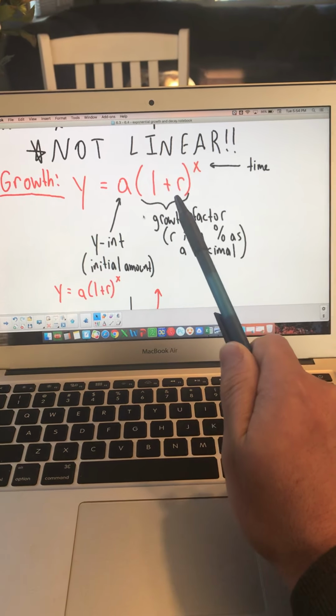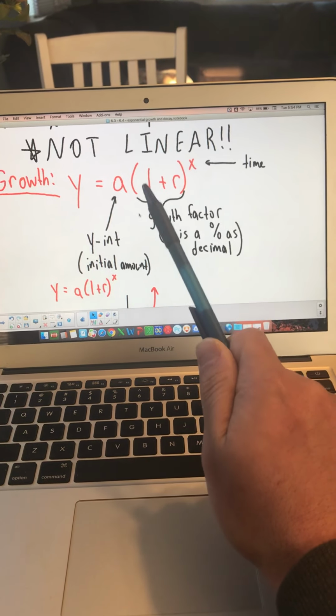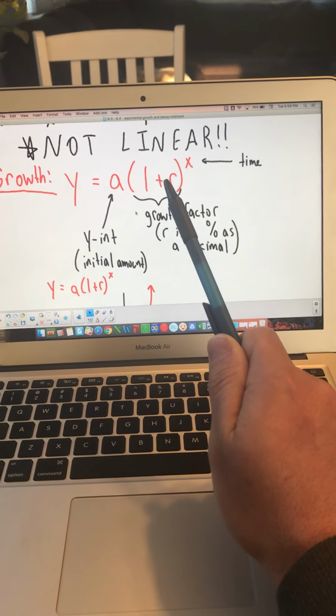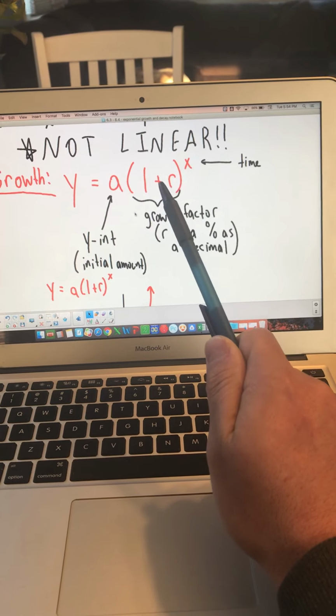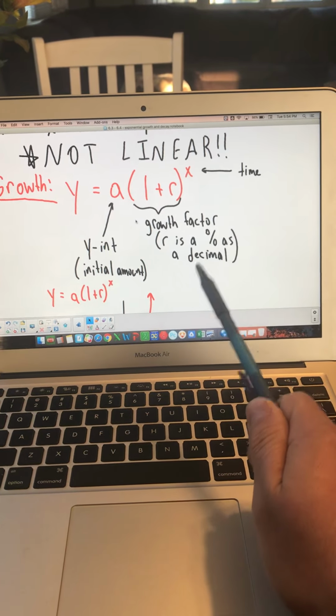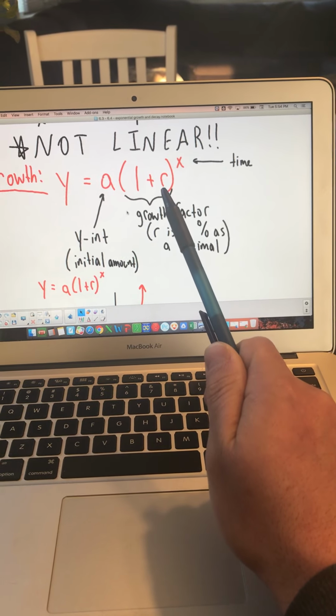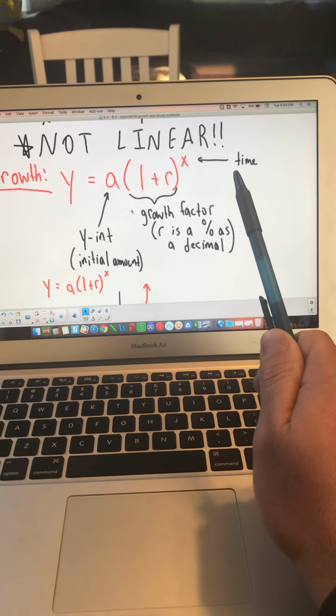Whatever number we get after we add the 1 plus r, that b, is called a growth factor in this case. R is a percent as a decimal, so the number that we're going to plug in for r is going to be percent as a decimal. X is always going to be time.